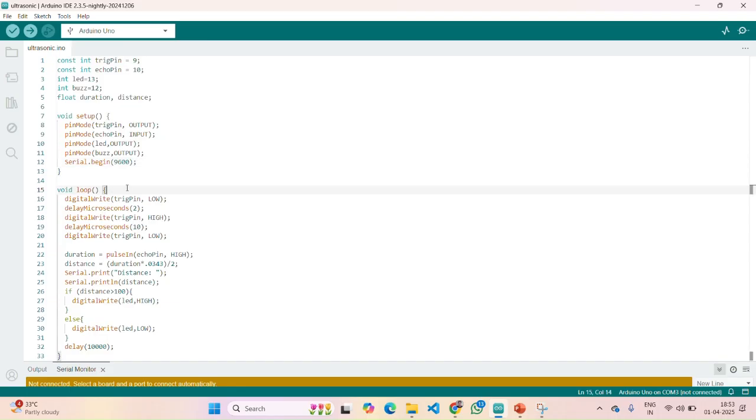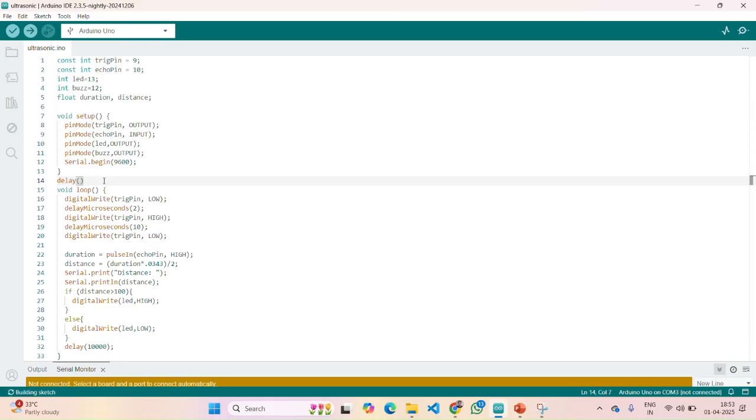Now here we need to fluctuate the trig pin in order to get the pulse. Based on that pulse, we are going to get the echo pin value. In the first line you can see, firstly I am making the trig pin low and delay in microseconds. Yes, we are using the delay function in many programs.